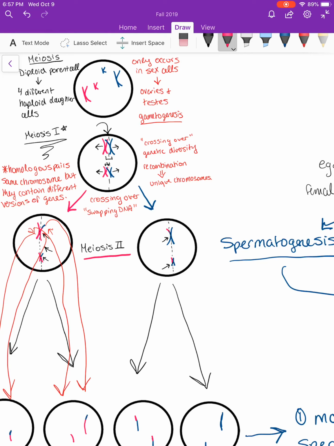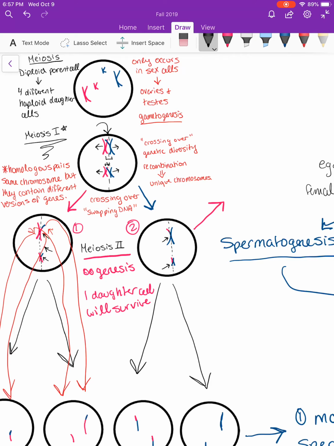In the first division of oogenesis, when we have 2 daughter cells, only one daughter cell will survive. The other one turns into a polar body.